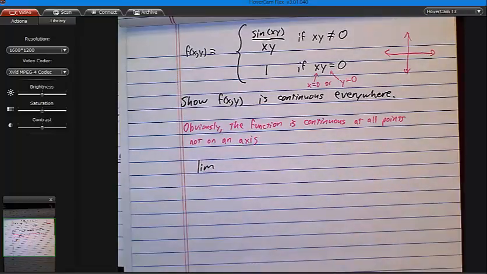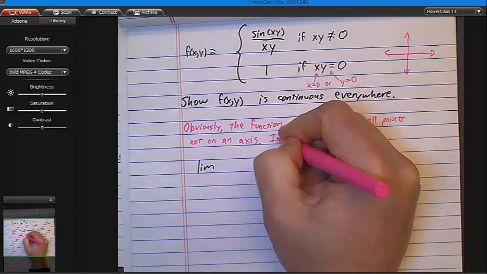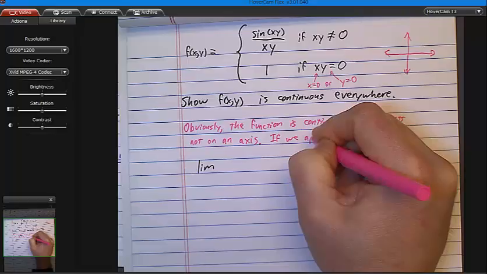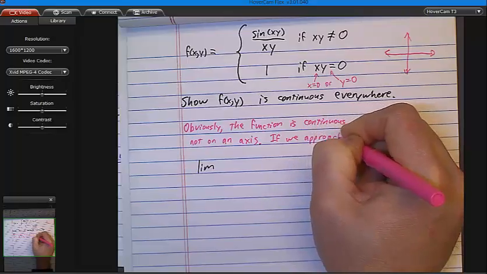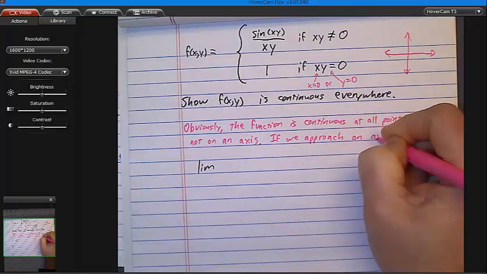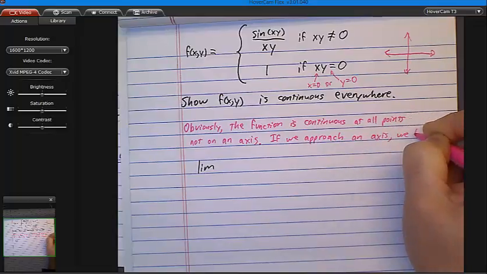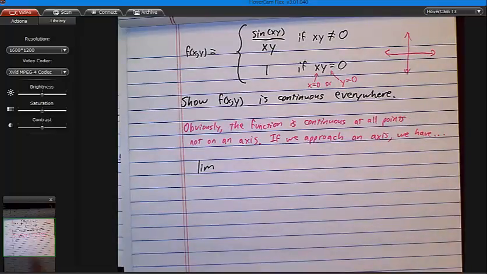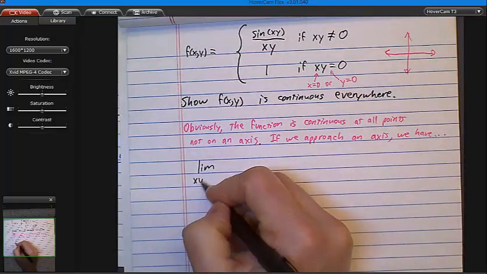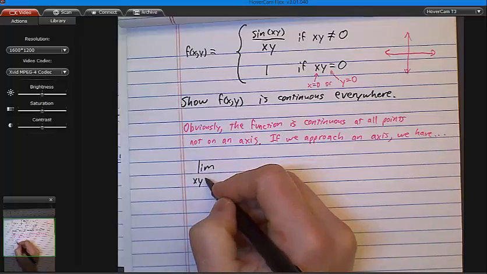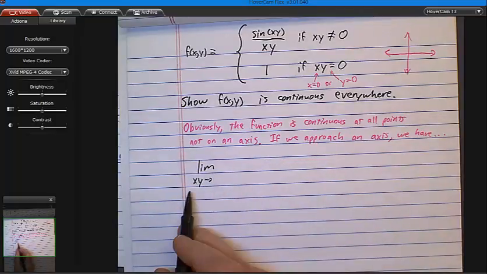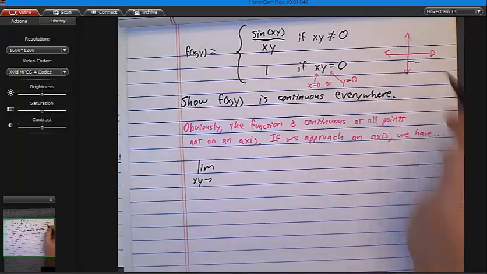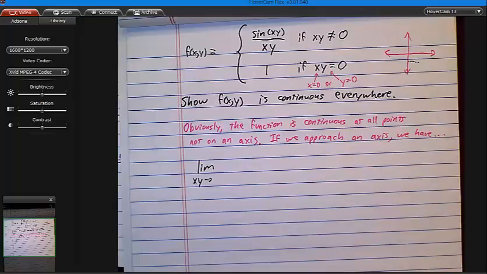So if we approach an axis, we have the limit as the product x times y. x times y is going to get closer to what as we approach an axis? 0.